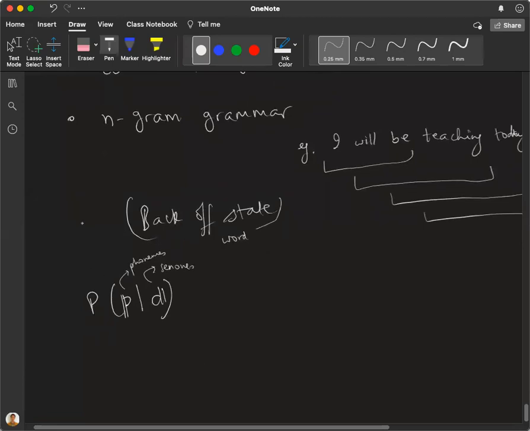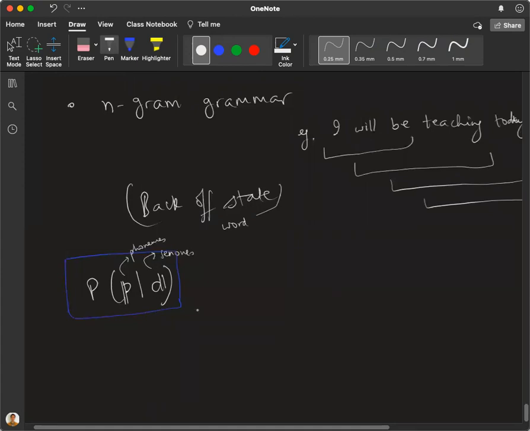So how do we model P of P given W? The thing is, I know every phoneme. Let's say k is made up of k1, k2, k3, right? I'm splitting each phoneme into three synonyms or three states.